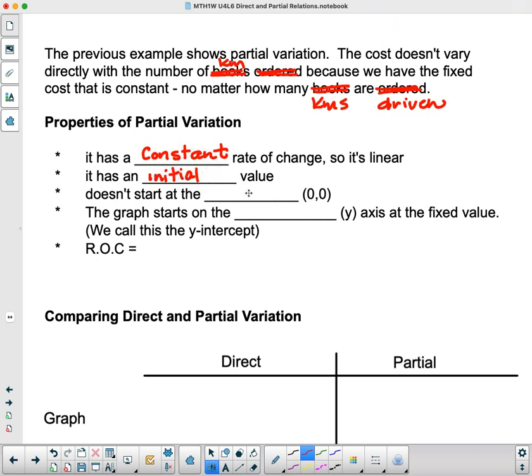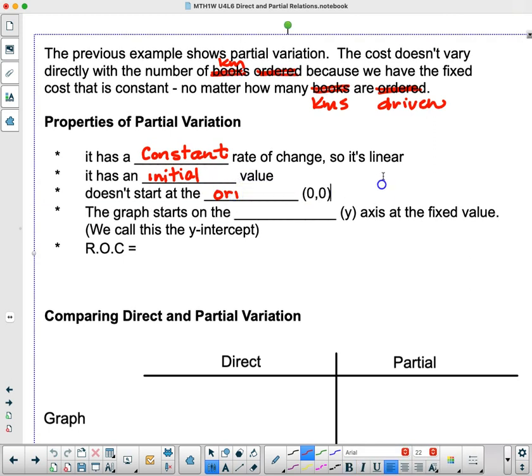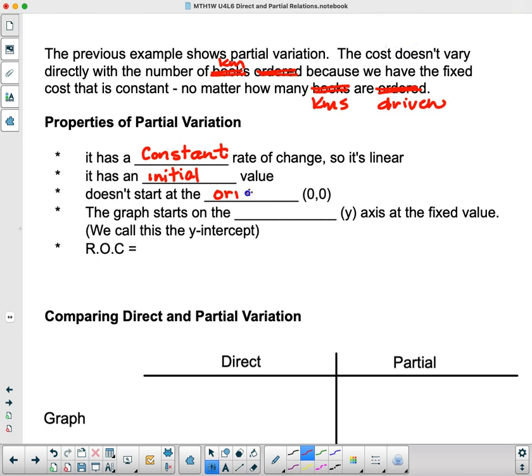It doesn't start at the origin. The graph starts on the y-axis or the vertical axis at the fixed value, and we call this the y-intercept. The rate of change, same as always, is the change in y over the change in x.